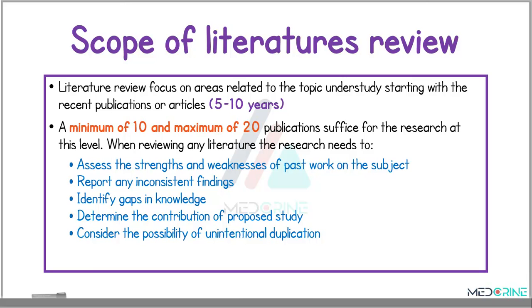When reviewing any literature, the researcher needs to assess the strengths and weaknesses of the past work on the subject, report any inconsistent findings, identify gaps in knowledge, determine the contribution of the proposed study, and also consider the possibility of unintentional duplication.